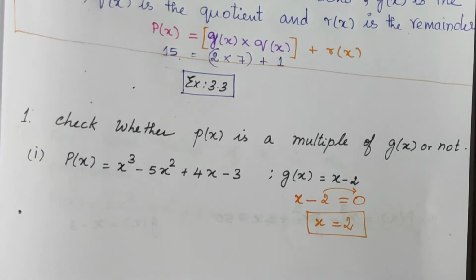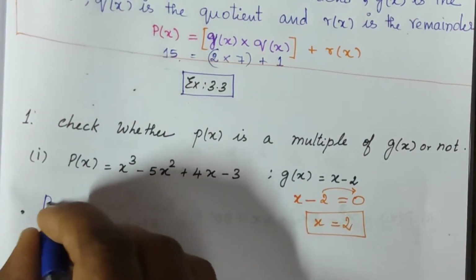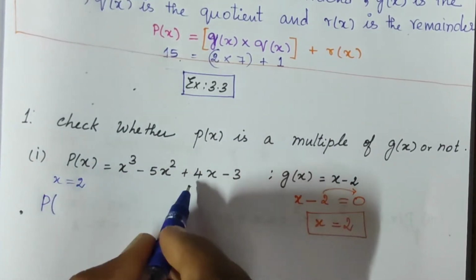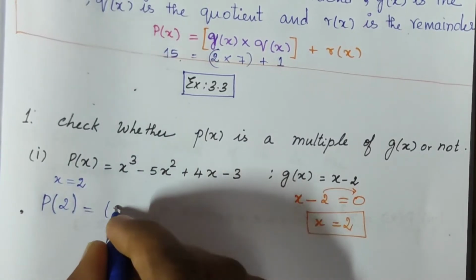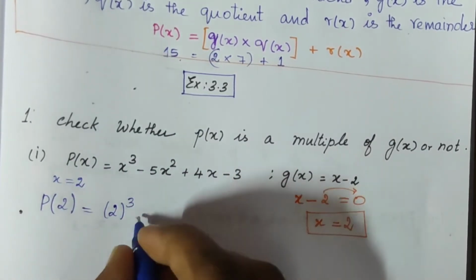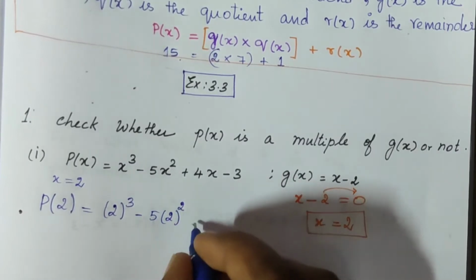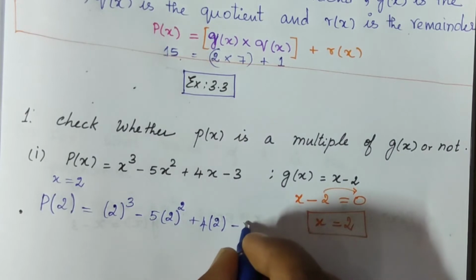So substitute x is equal to 2. Wherever x is there, you just substitute 2 and find the value. So 2 cube minus 5 into 2 square plus 4 into 2 minus 3.